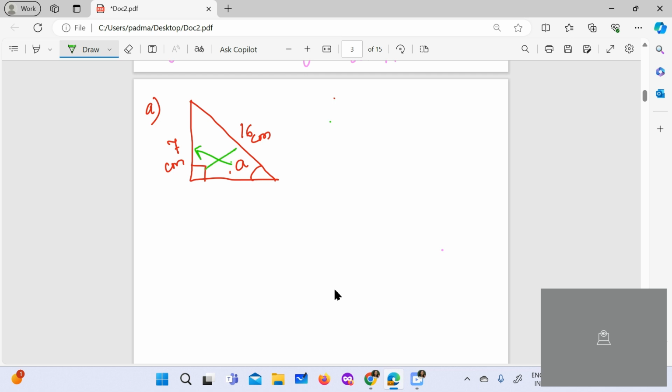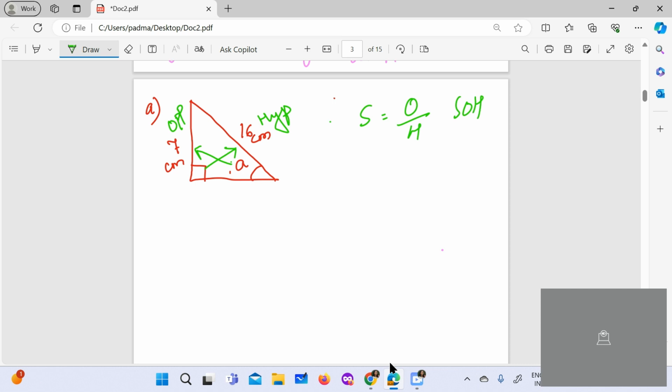Since this side is opposite to 90 degrees, this is your hypotenuse and this is your opposite. So let's think what is that ratio which calls for opposite and hypotenuse. That is simple, right? That is sine is equal to opposite upon hypotenuse. So we will use this.